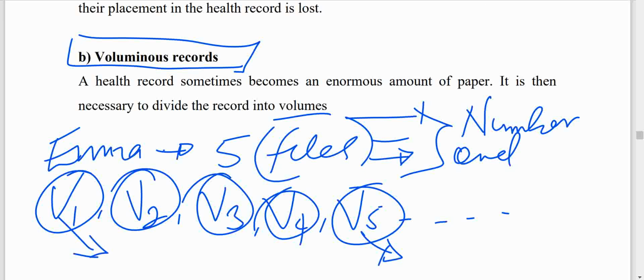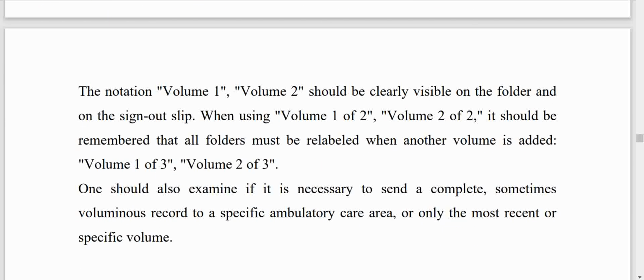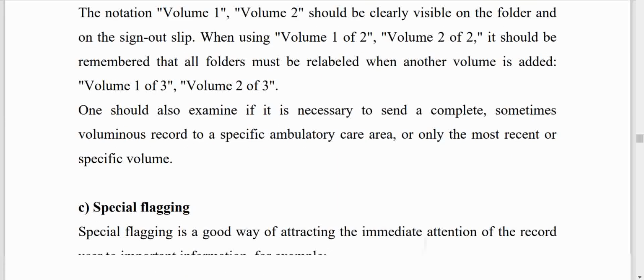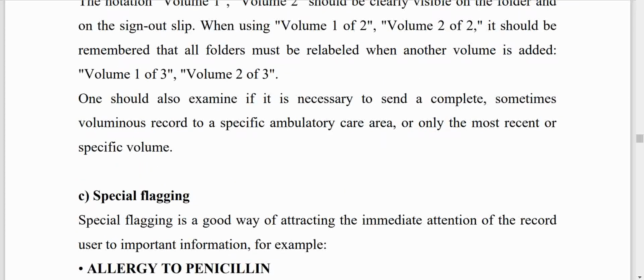But of course, the information from all these files may be needed to carry out the patient's care. So that's what we mean by voluminous records. One patient may have a lot of records within a facility.